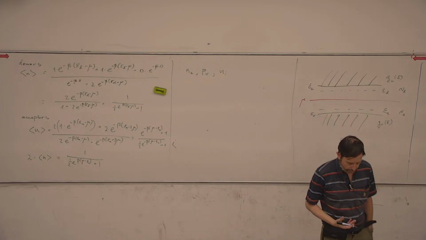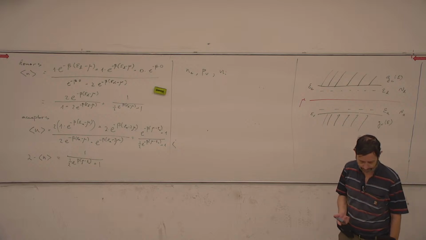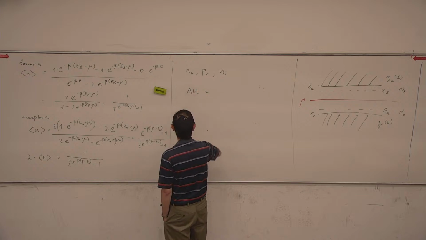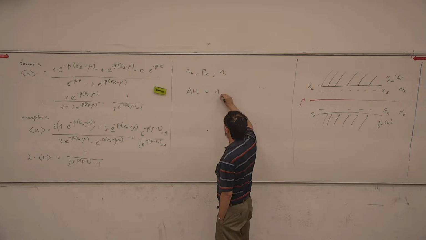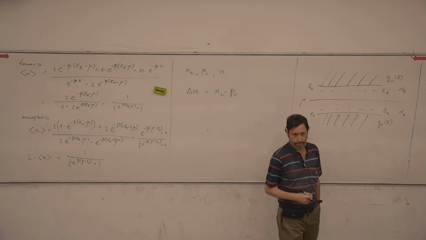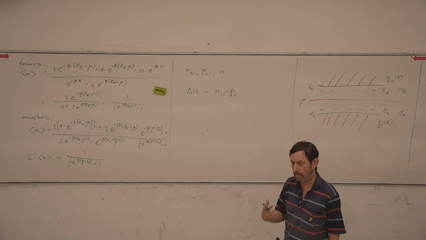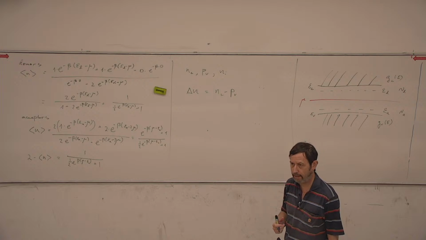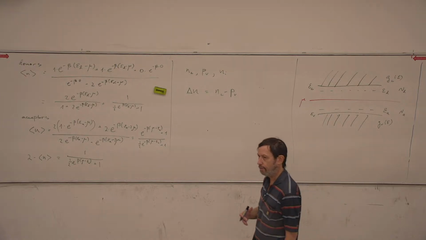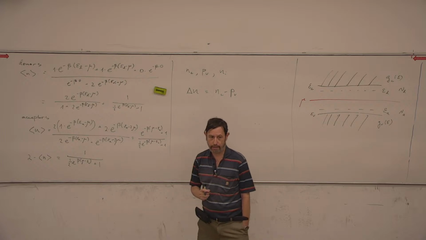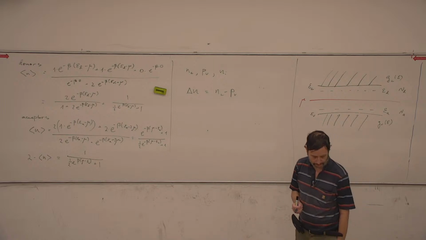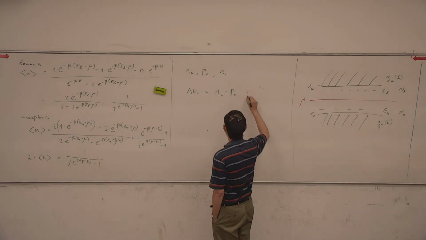Therefore, in general, we can define delta n as how many more particles or electrons we have in the conduction band minus the number of holes that we have in the valence band. Okay.